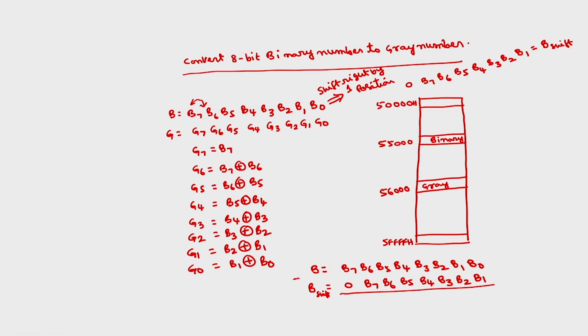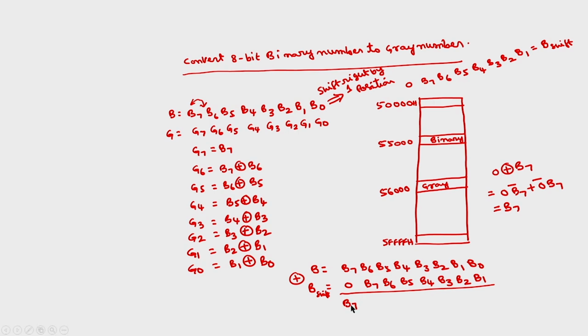If I perform the exclusive OR operation between B and the 1 bit shifted version of B, what will be the result? 0 exclusive OR with B7 is nothing but 0 into B7 bar plus 0 bar into B7, which is equal to B7 itself. So this will be B7 itself.